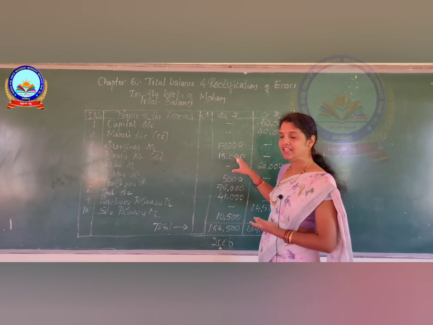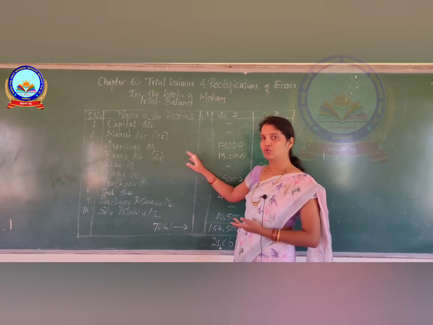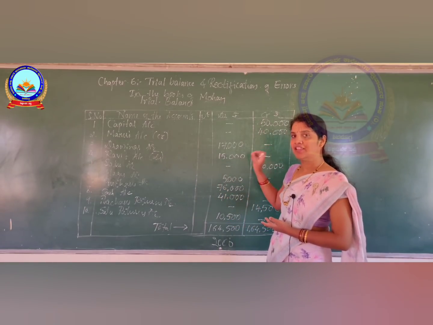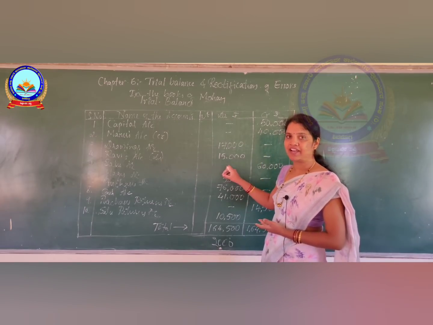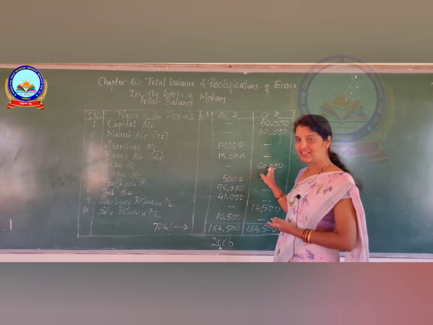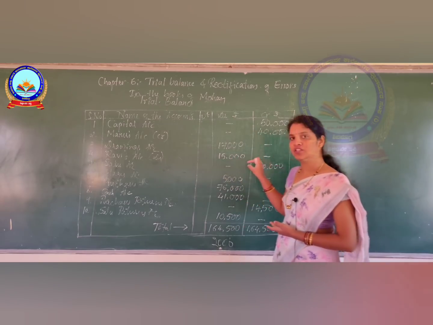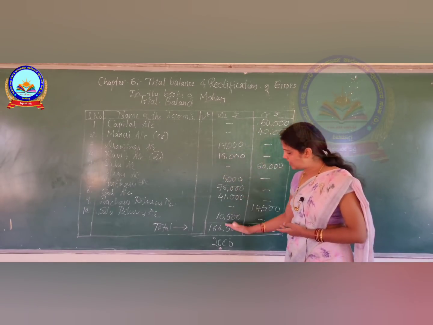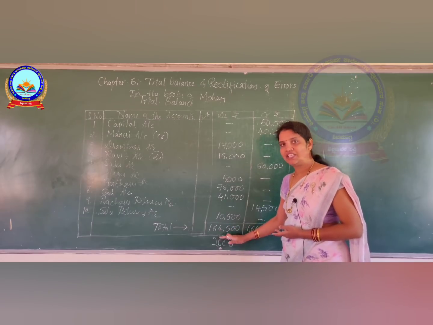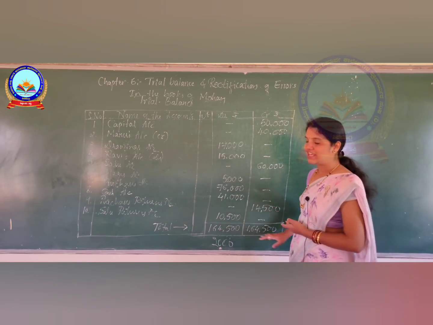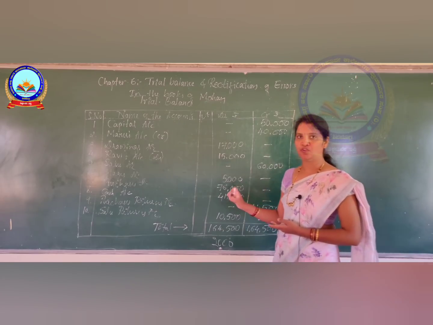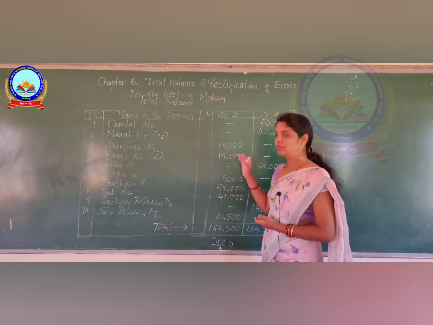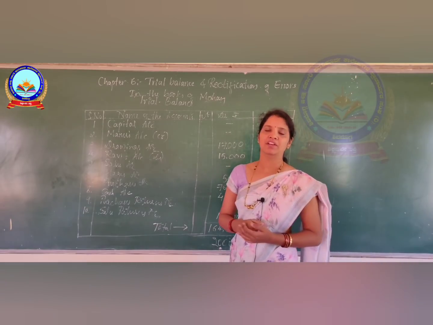If it is there, see whether this account shows a debit or credit balance. Sometimes that account may be written wrongly on the debit side when it should be written on the credit side. When we place this rupees 1000 on the credit, then automatically here 1000 decreases, there 1000 increases, and our trial balance gets tallied. While solving problems, you can make use of this trick, but it is not always possible.